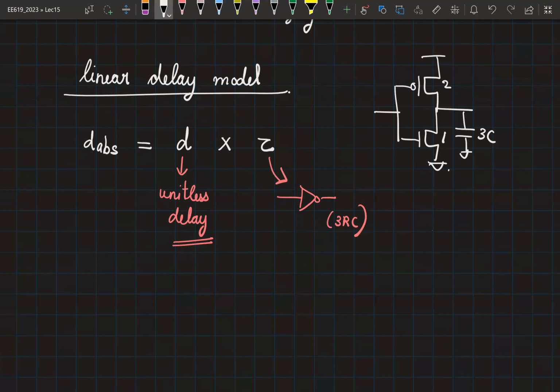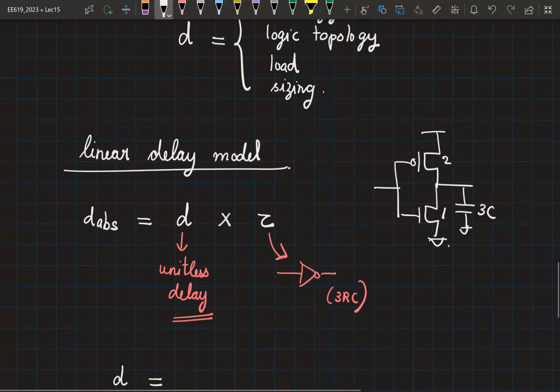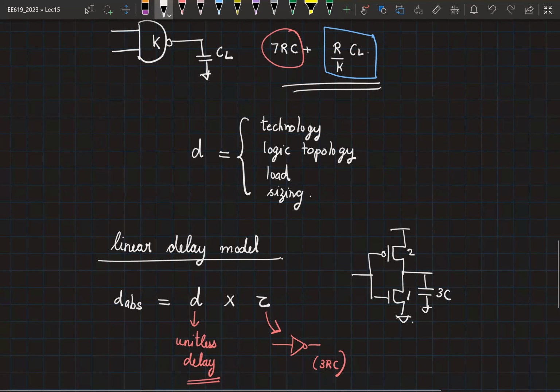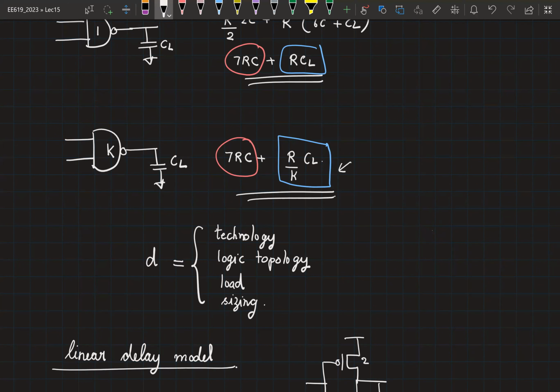Now the second part is to define this unitless delay. Clearly it should have two parts: a part which is related to its own capacitance, and another part which is related to the gate sizing and the load that is being driven.